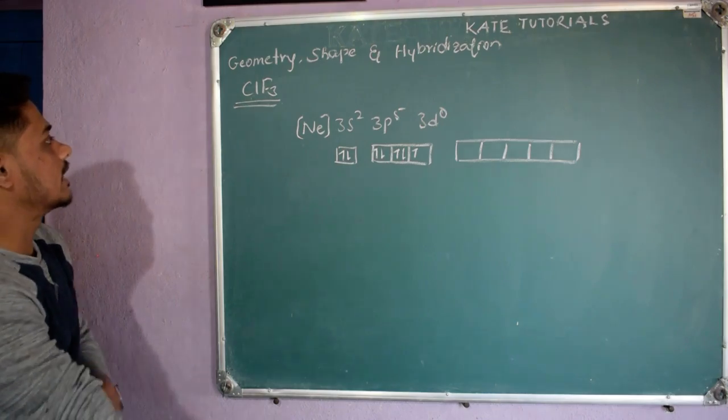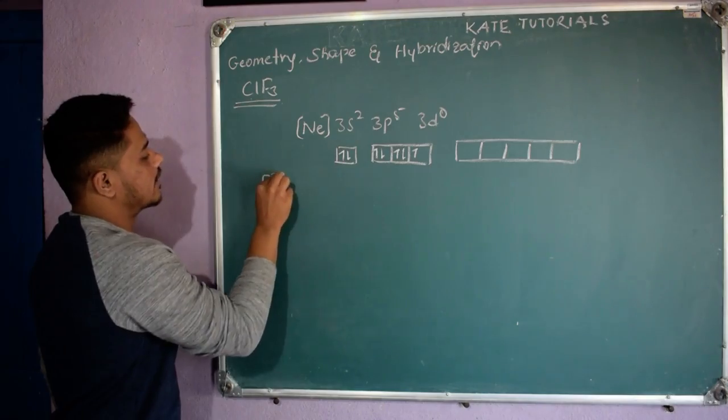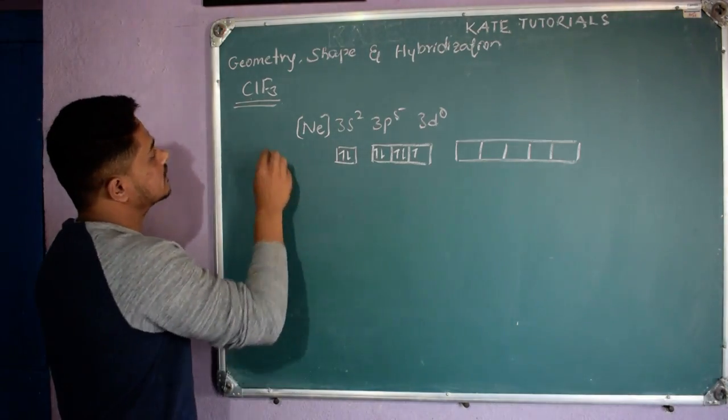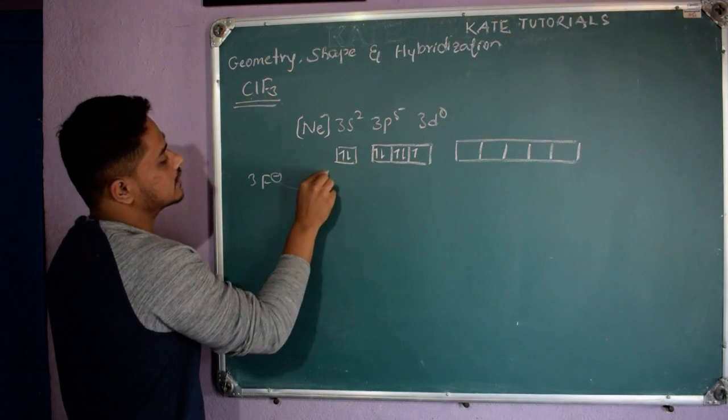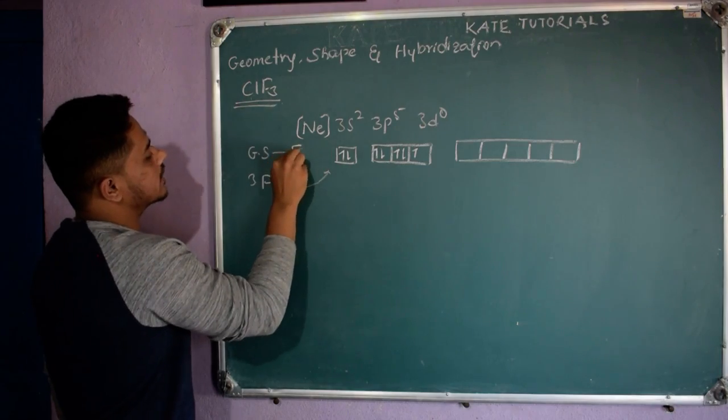And here fluorine comes as F minus. I will call it a ligand only. Before the 3 fluorines approach, we call this the ground state electronic configuration.